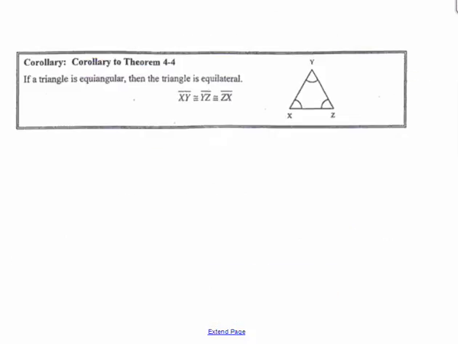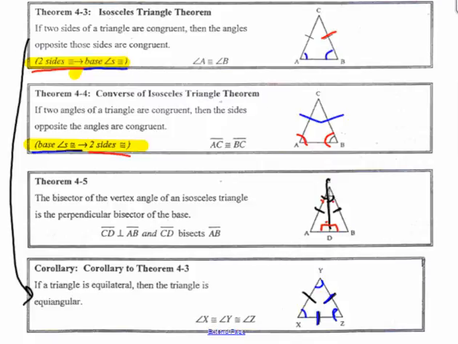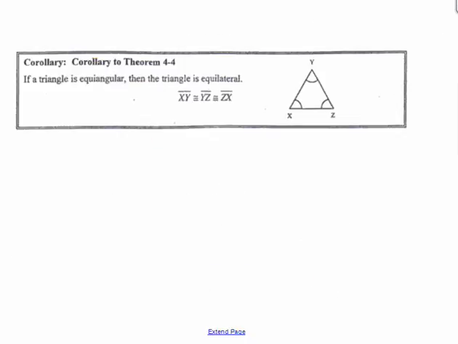This corollary follows this theorem here. Or not this one, sorry. This one, the converse. This one is saying if you have base angles congruent, then the two sides are the same.